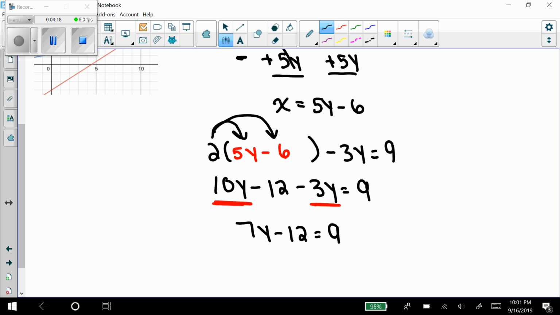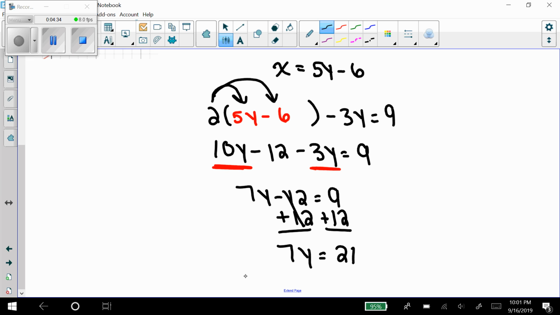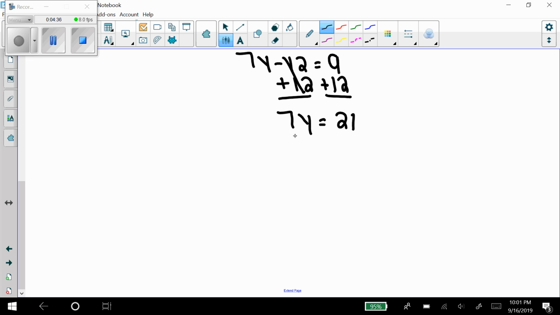My end goal here is to get y by itself, so I'm going to add 12 to both sides. And I'm left with 7y equals 21. My last step to get y by itself is to divide by 7. So 21 divided by 7 leaves me with y equals 3.